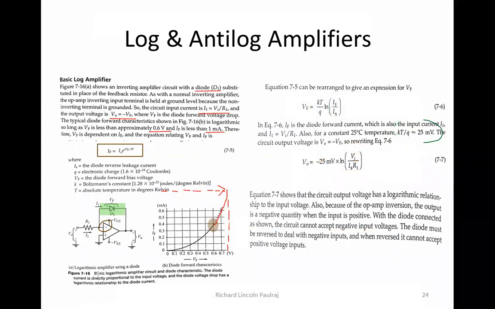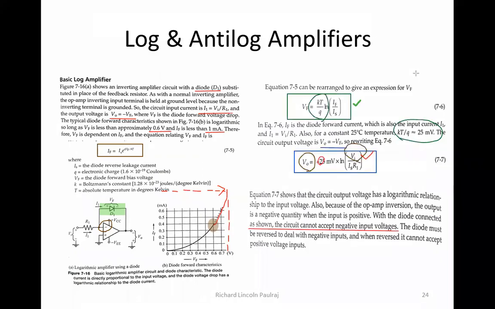Can we actually bias the diode? Is it possible? So that actually reverse biases, right? So because of which I'm not going to have a negative potential given, because I'm interested in making the diode be in forward biased condition. Okay, so that's the whole idea.